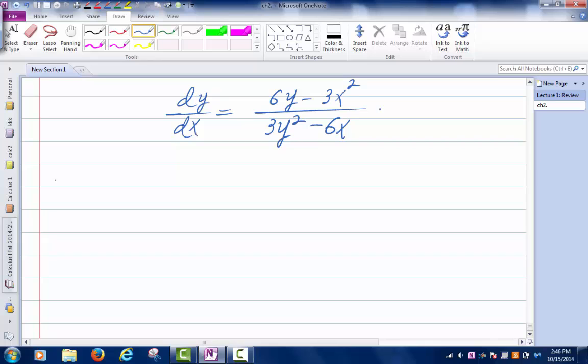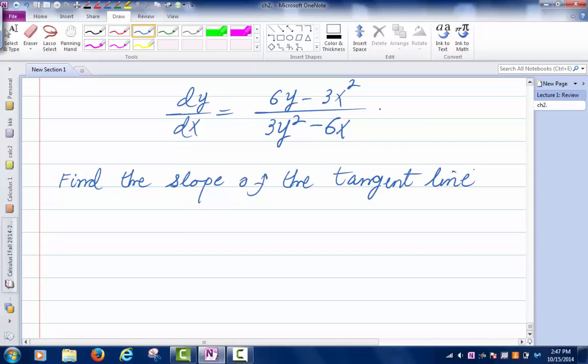Okay, so maybe the question is the following: find the slope of the tangent line to the graph of x cubed plus y cubed equals 6xy.